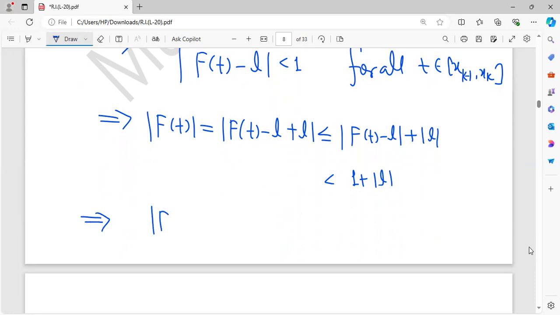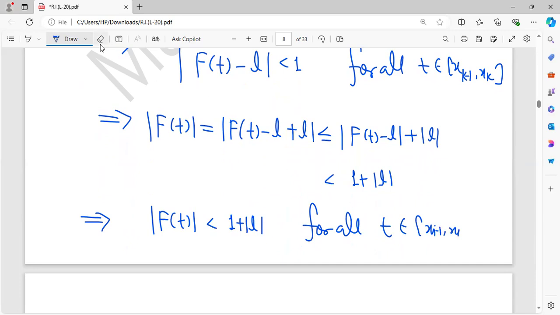We have |F(t)| less than 1 plus the absolute value of L for all t belongs to [xk-1, xk]. Okay.